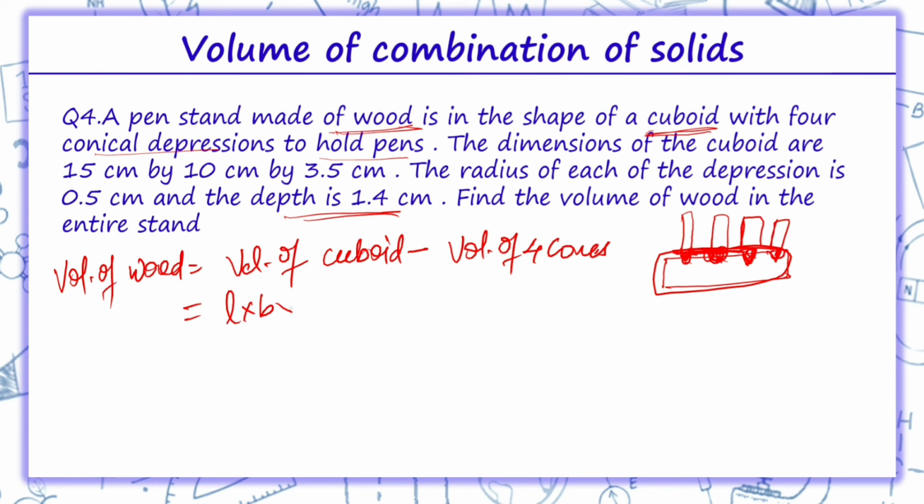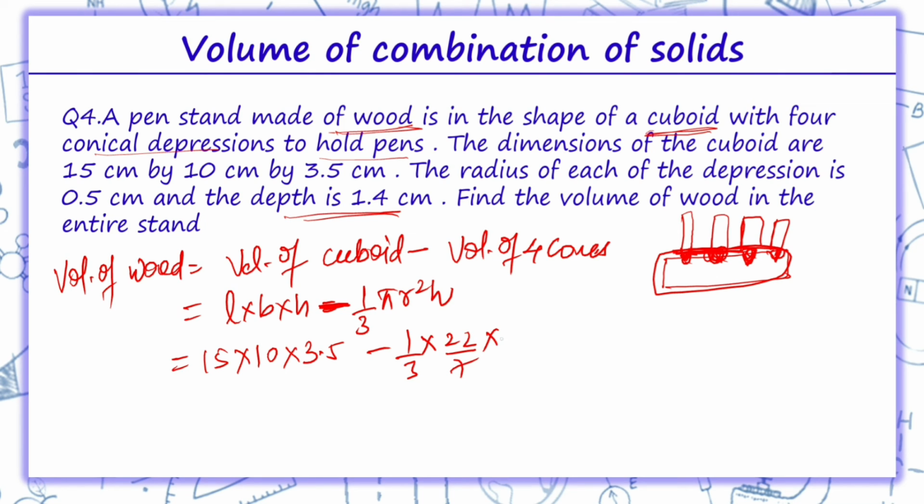So the volume of the cuboid is length into breadth into height. For four cones it is 1 by 3 pi r square h. Length is 15 into 10 into 3.5 minus 1 by 3 pi, 22 by 7, the radius is 0.5 square into height is 1.5.